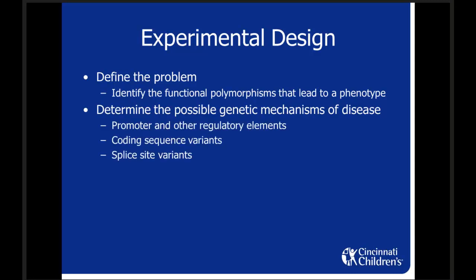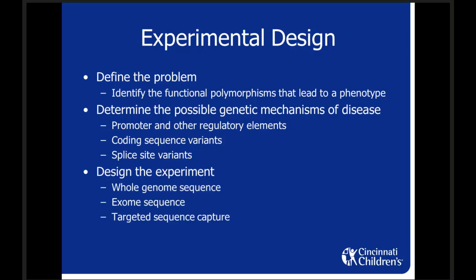It could be polymorphisms within the promoter or other regulatory elements. It could be some type of polymorphism that alters the coding sequence of a variant or a splice site. Depending on what model or what you think the mechanism is really dictates how you design the experiment.